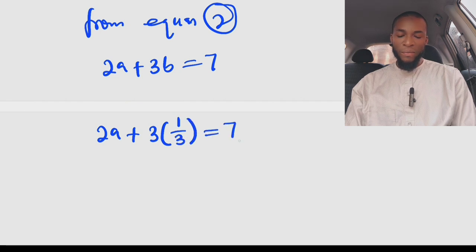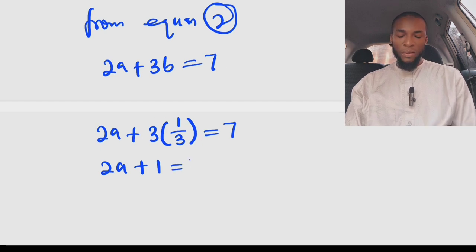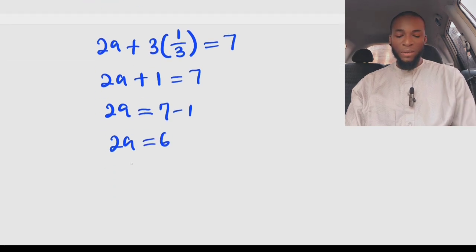This is equal to 7. 2a plus, this will give us 1, equals 7. You can take this 1 to the other side. We have 2a equals 7 minus 1, so 2a is equal to 6. Then we divide both sides by 2, right? So a will be equal to 6 divided by 2, and a equals 3.